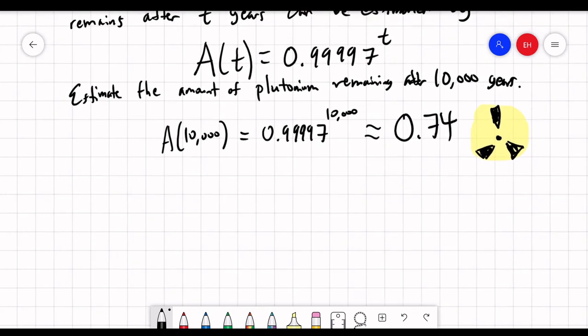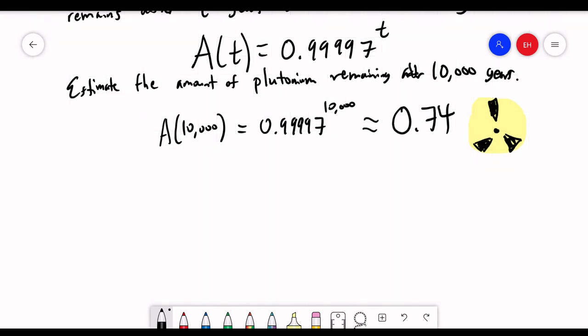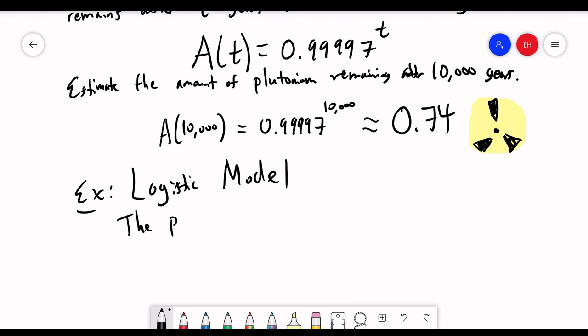It took 10,000 years and only about a quarter of the amount has actually decayed. It's going to take a really long time for it to fully decay, and that's why nuclear waste is quite a problem.